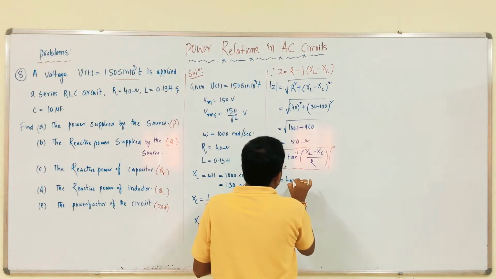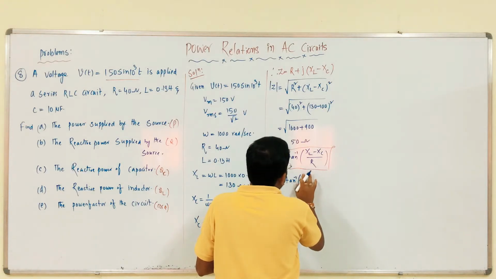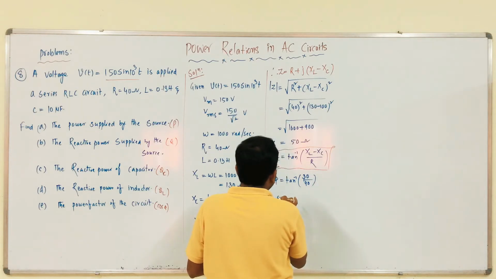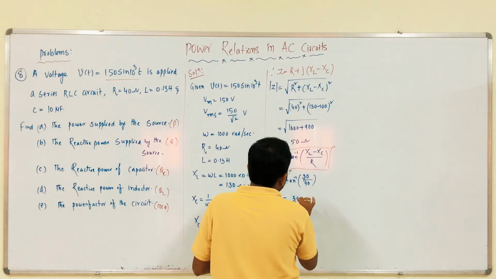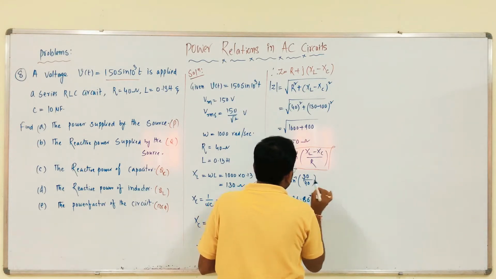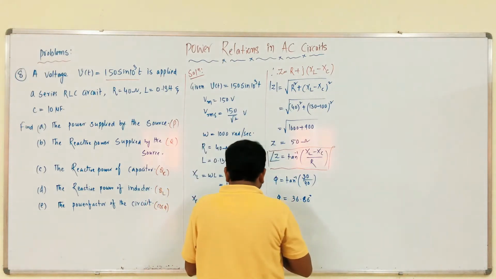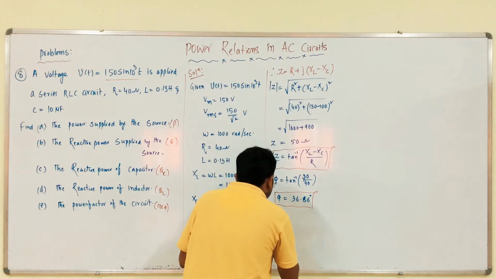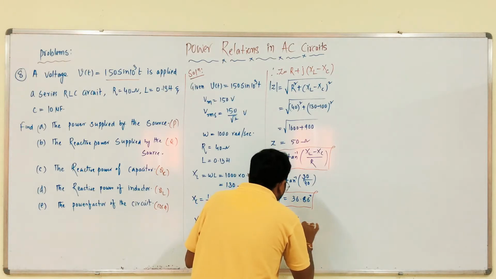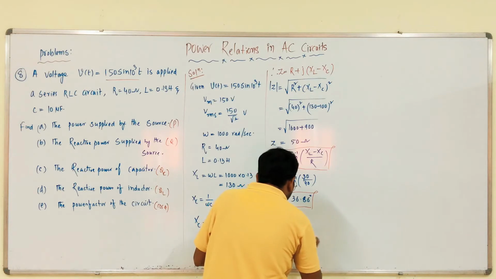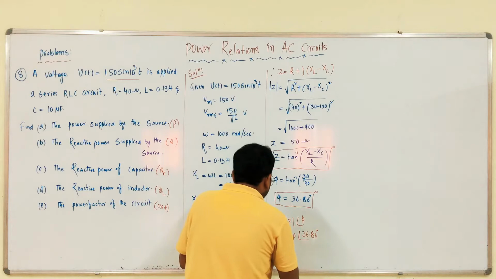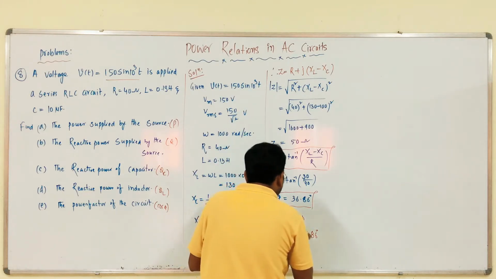So, tan inverse of 30 by 40, which equals 36.86. This is the phase angle. So, Z equals mod Z at an angle phi, therefore Z is 50 at an angle 36.86 degrees. This is the value of impedance.